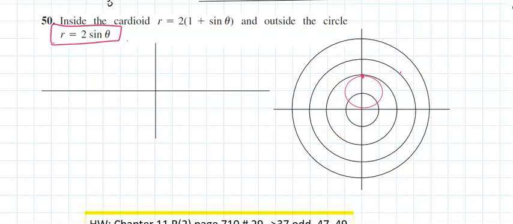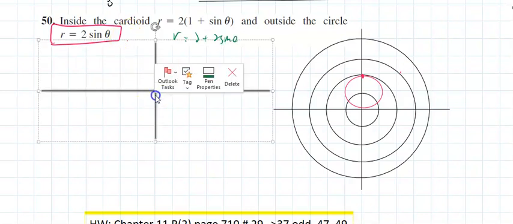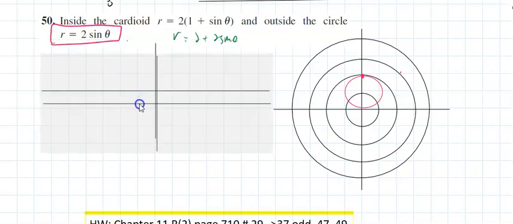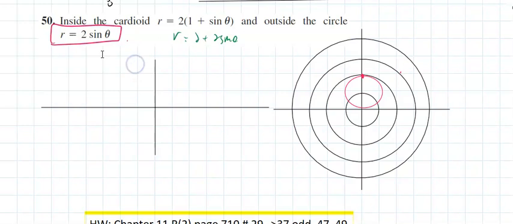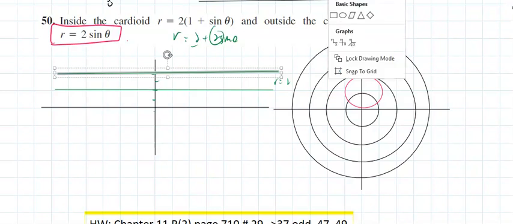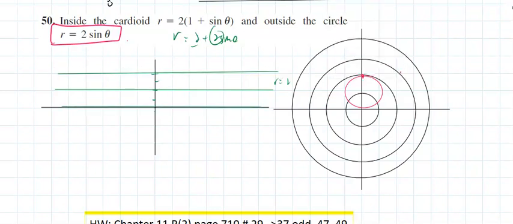And if I go up 2 units, I am at r equal to, I'm going to go 2 units above and 2 units below. So I'll be at r equal 4 and r equal 0.